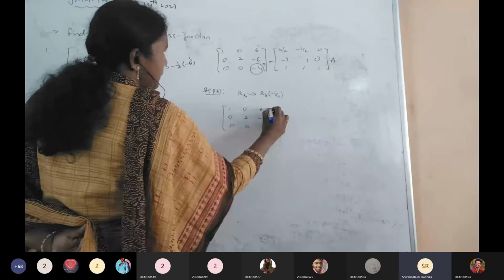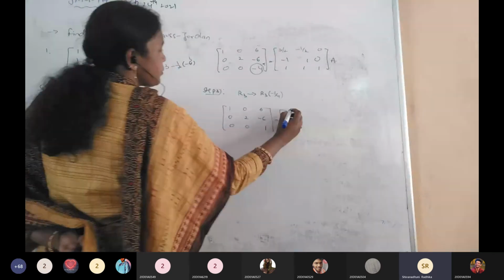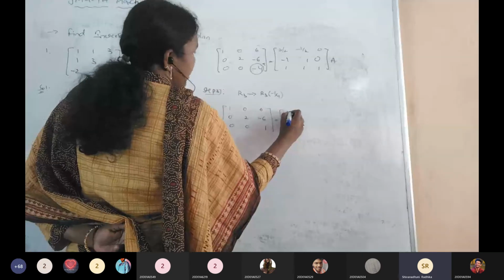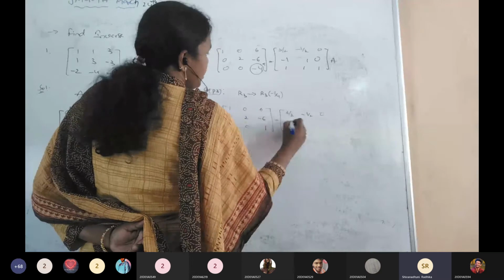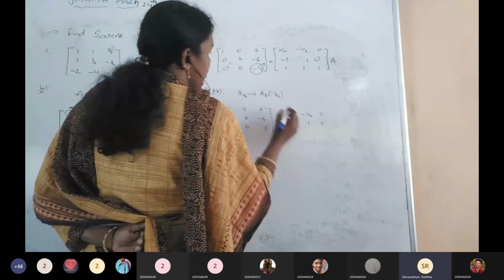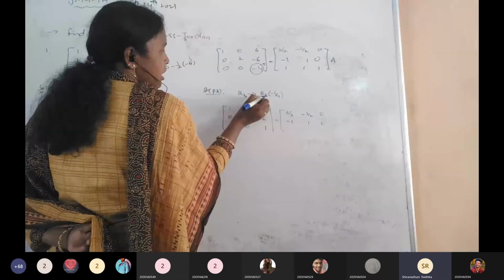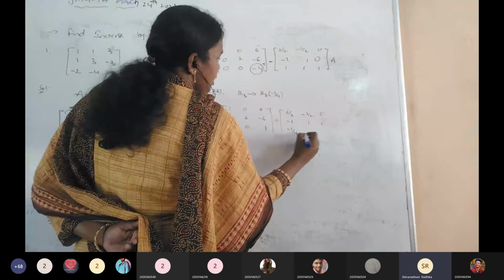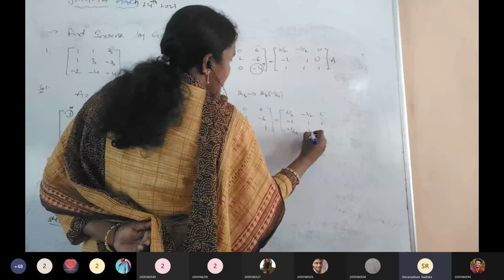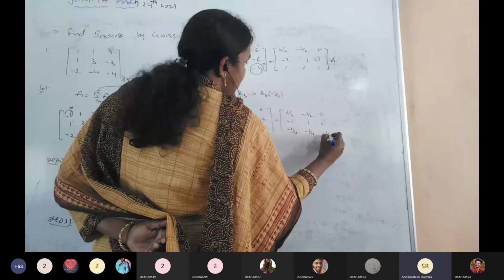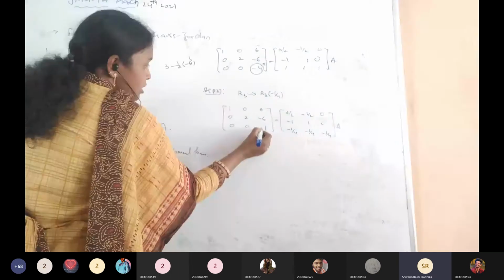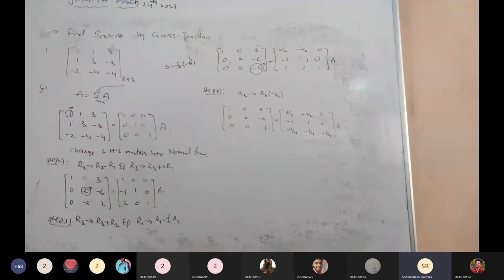Clear? So that is equals to 3 by 2, minus 1 by 2, 0, minus 1, 1, 0. Here R3 into minus 1 by 4, so this is minus 1 by 4, minus 1 by 4 and minus 1 by 4 into A. Why? Because for the R3 third element we are getting the 1 for that purpose.